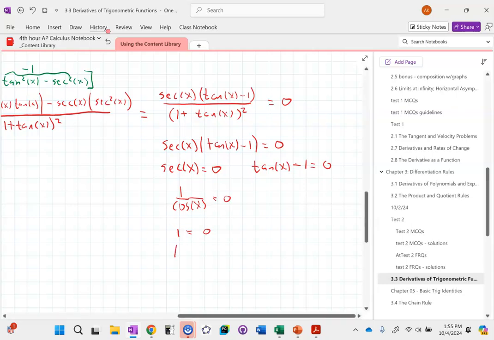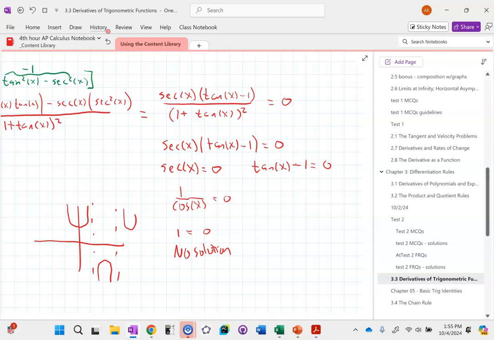No solution. So that one doesn't actually contribute anything. There's no place where secant is equal to 0. Remember, the graph of secant was like this kind of thing. Do you remember that? Nowhere does it cross the x-axis, right? That would have been the other way to think about it if you remember what the graph looked like. So far, so good?